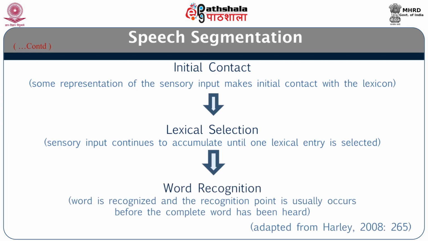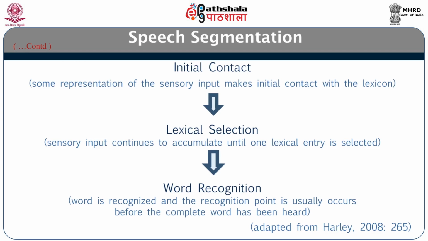And then that is the stage where word recognition takes place. So the listener recognizes the word in the previous example that I gave, kill. They say, okay, this is the word and nothing else. Usually the recognition point for many words occurs long before the actual word is finished. In fact, the context plays a very important role.